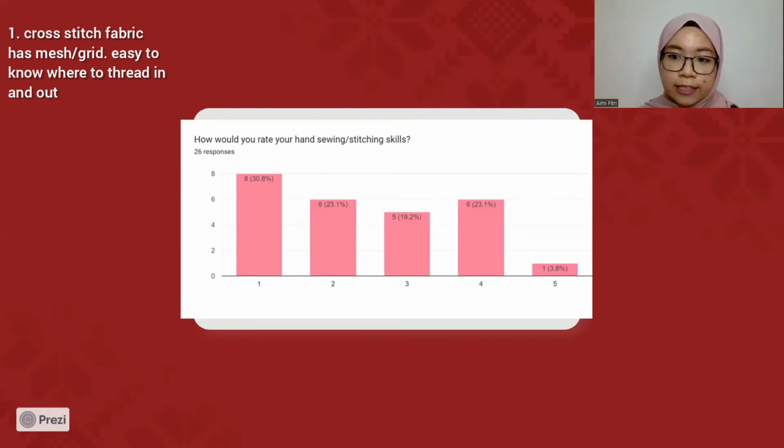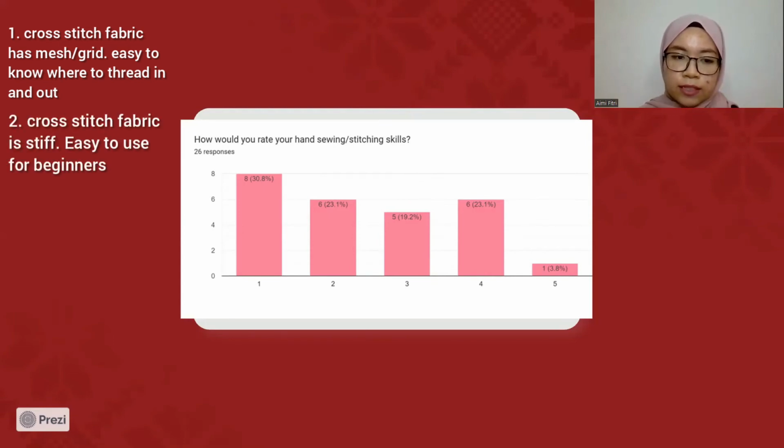The second reason is that the cross-stitch fabric, called Aida cloth, is a bit stiff, so it won't be hard for beginners in sewing or stitching to start stitching on it.